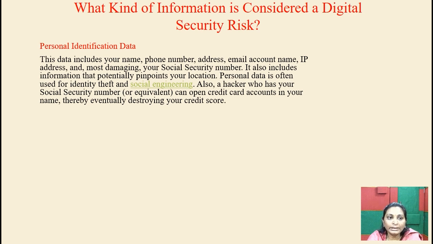This data includes your name, your phone number, address, email, your account name, or your PC's IP address, and most damaging, your social security number. This is our personal data which anyone can access and misuse.